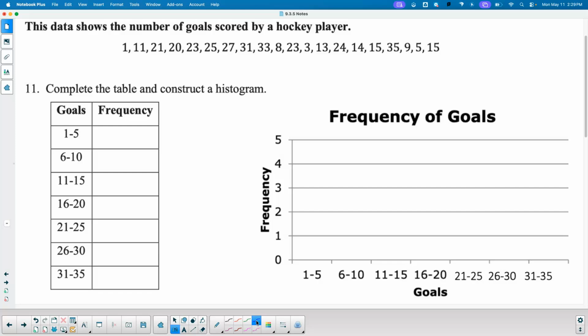So there's a 1 goal. I'm going to put a tick mark in there. There's an 11. I'm going to put a tick mark in there.